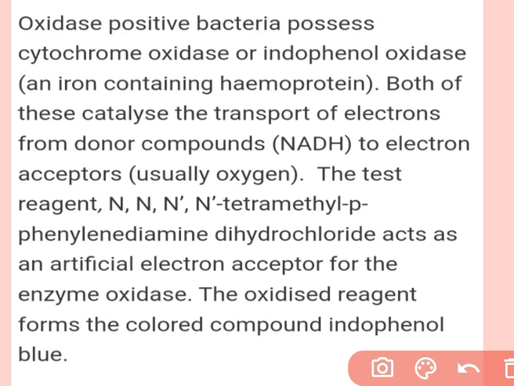The test reagent, that is N tetramethyl paraphenylene diamine dihydrochloride, is a chemical name of the oxidase dye, and this acts as an artificial electron acceptor for the enzyme oxidase. The oxidase reagent forms colored compound, that is a indophenol, and it is a blue colored.